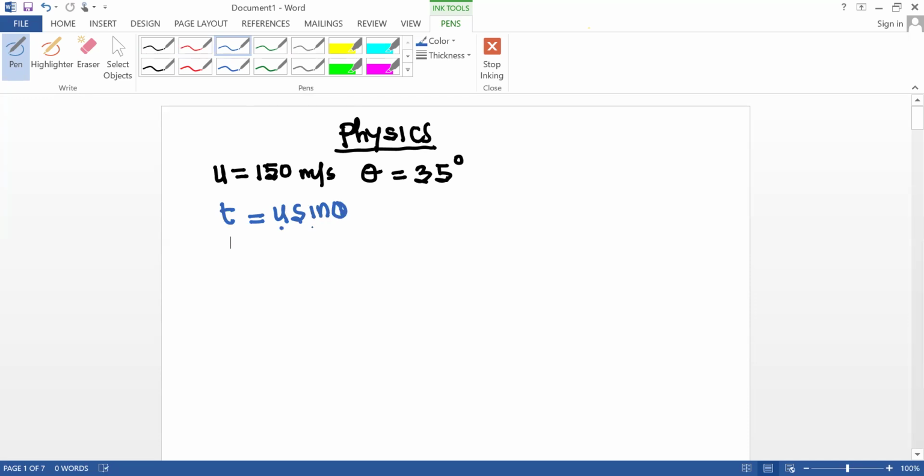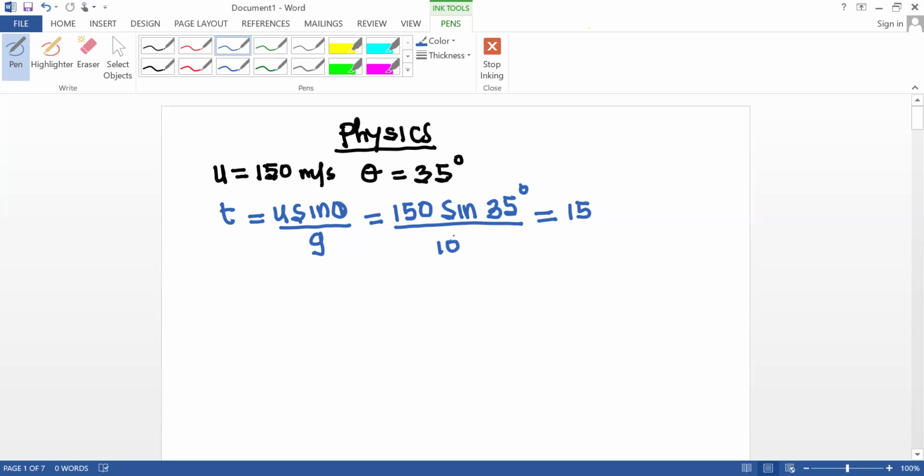over g. Okay, u as given to us is 150 times the sine of 35 degrees, and we are told that we are to take g as 10. So divided by 10, and this is equal to 15.